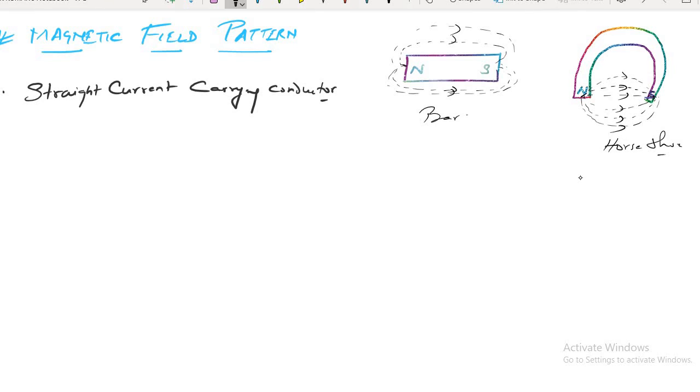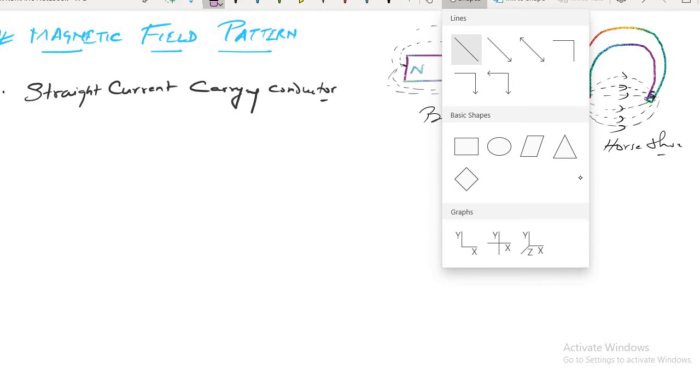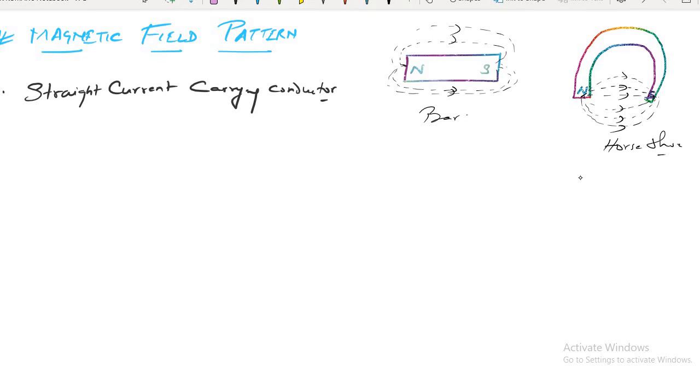Let us take a straight current carrying conductor like this. Or rather, let me use some tools to show you in a far better way. Just a second. Let me use it properly.